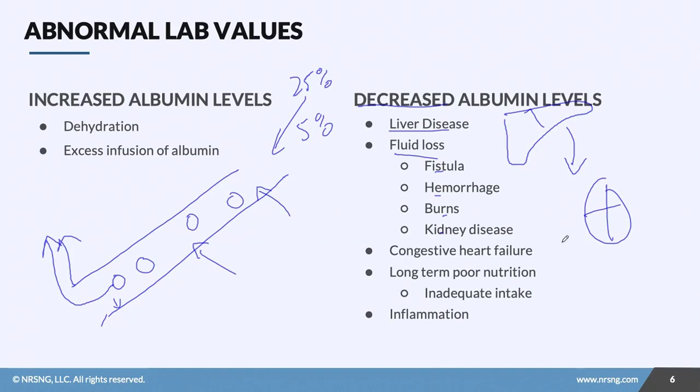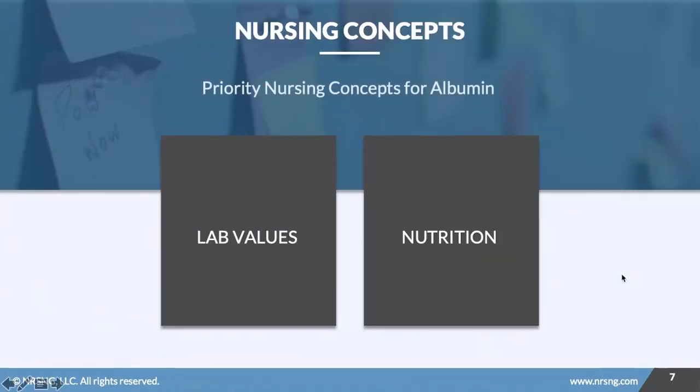With our pump broken, we're going to see all that increased volume in our vessels, and that increased volume is going to dilute our albumin levels. So it's going to make our albumin levels look lower. Long-term poor nutrition, remember, we're going to see albumin decrease with chronic nutritional issues. And then we'd also see it decreased with inflammation.